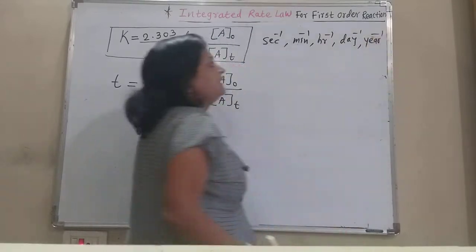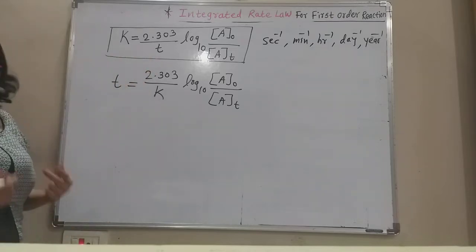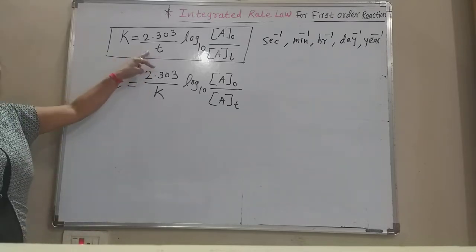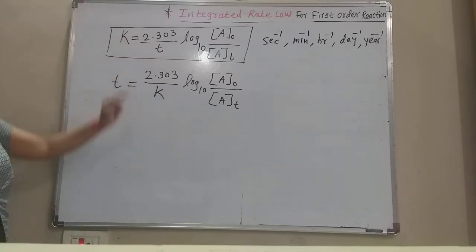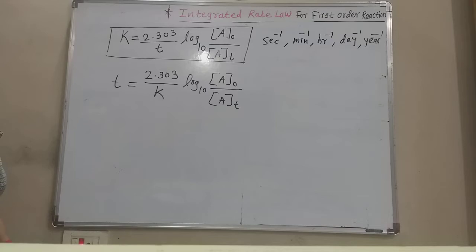In this way, these are the different units of the rate constant k. Because the units of time are seconds, minutes, but here time is divided. Rate constant and time are inversely proportional quantities.